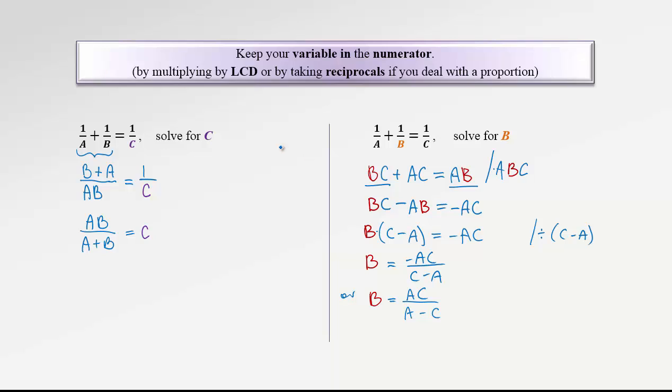Here we go. As you see, these two examples were very similar, and the reciprocal method works a lot faster. However, some of you may feel more comfortable using LCD method, and that's okay too. A piece of advice for the reciprocal method: make sure that you have a single fraction on each side.